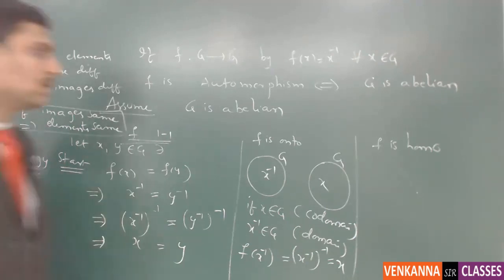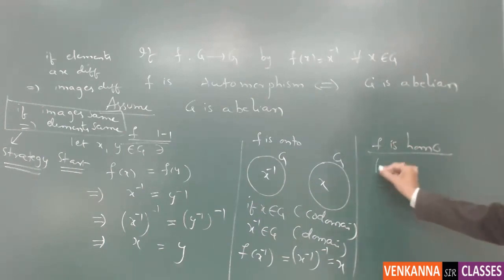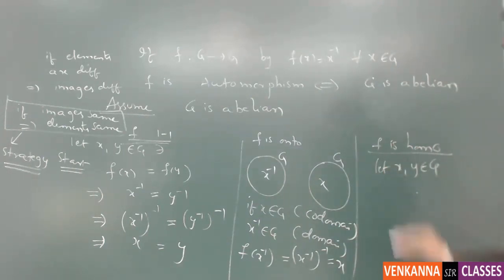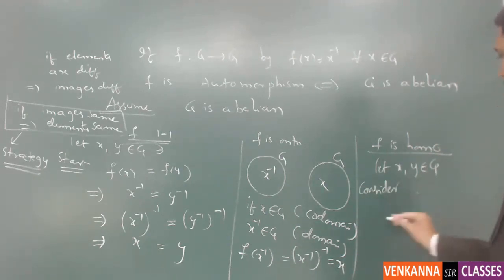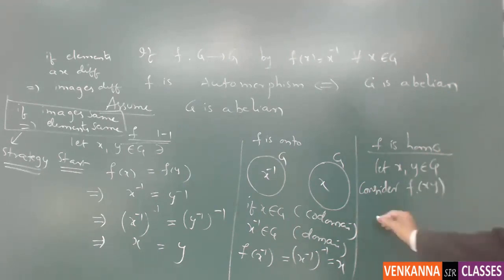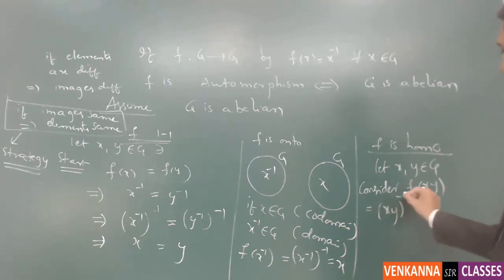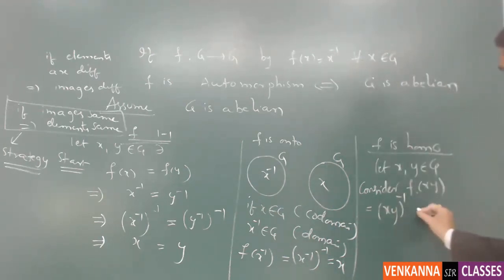Right. So coming to homomorphism, so you take two elements, consider f of xy. So this is equal to xy whole inverse from the definition of f. This is equal to y inverse x inverse.